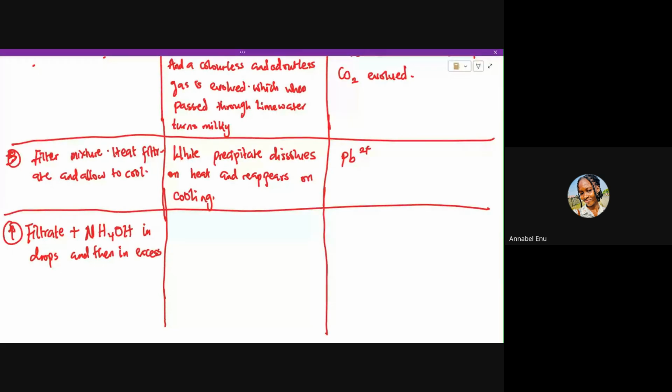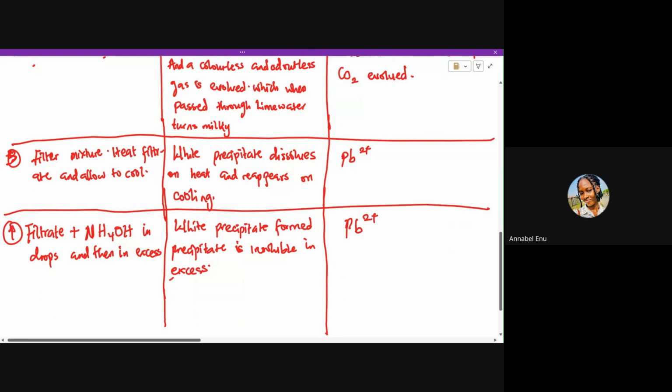Now, in this step, the same thing, white precipitate can be formed, and then the precipitate is insoluble when in excess. This also shows us the presence of lead 2 ion.